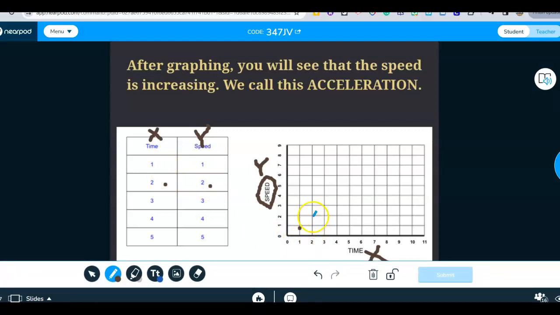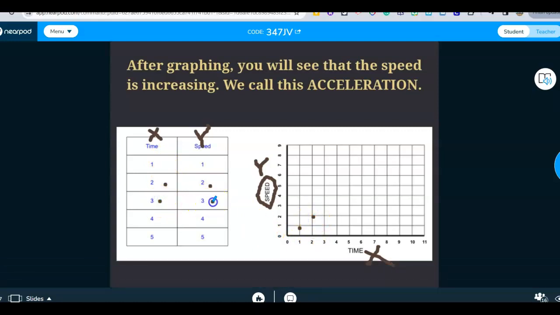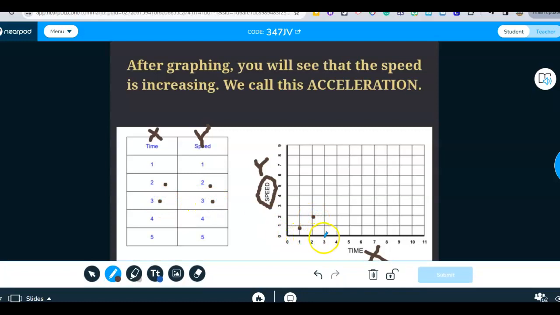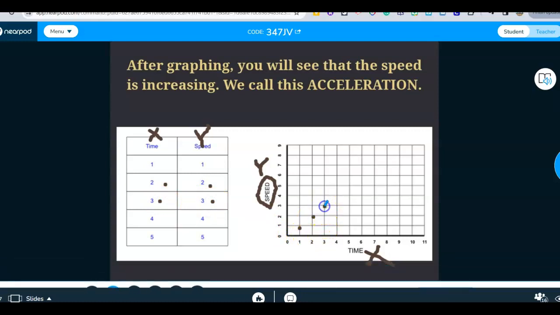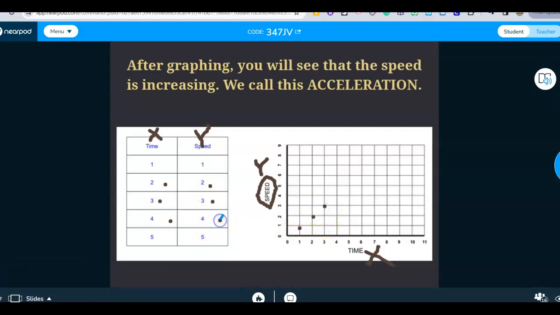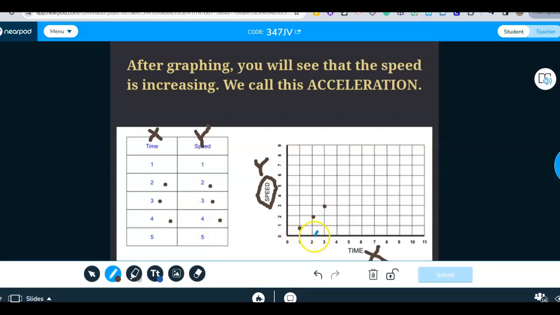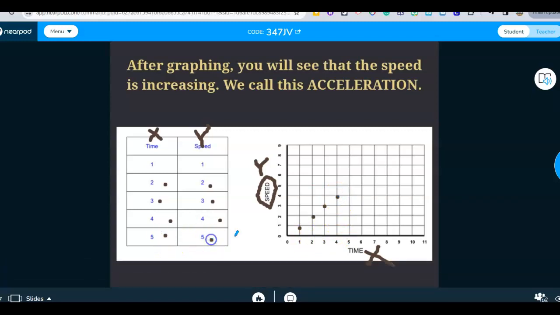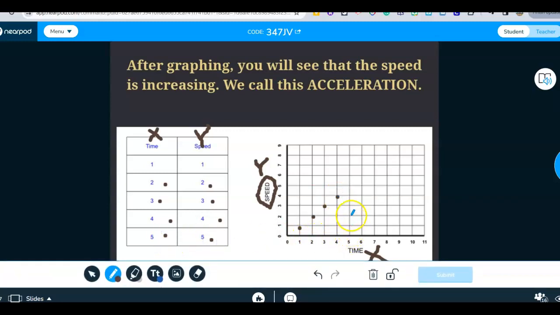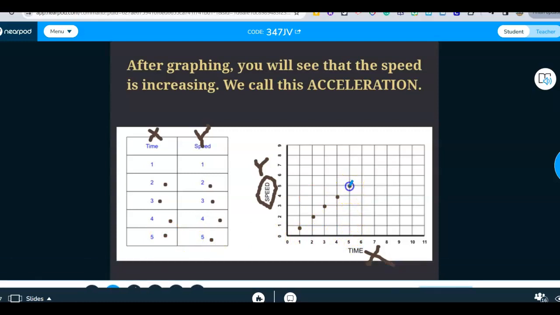In the house 3, up the steps 3. In the house 4, up 4 steps. Are you starting to see the pattern? 5 and 5.